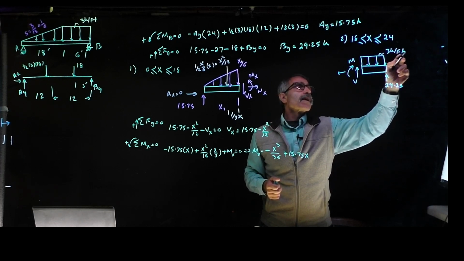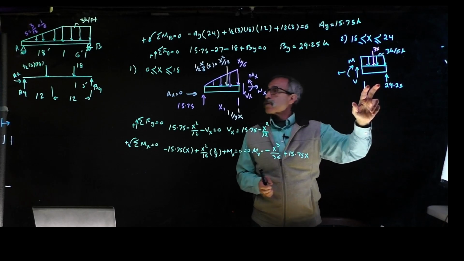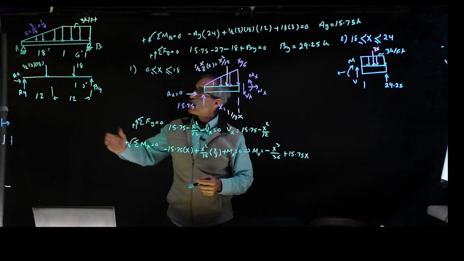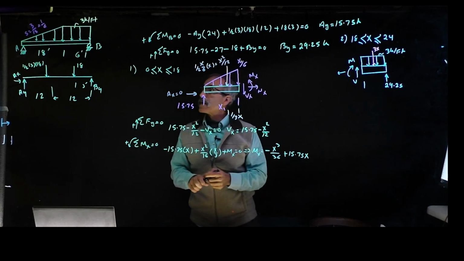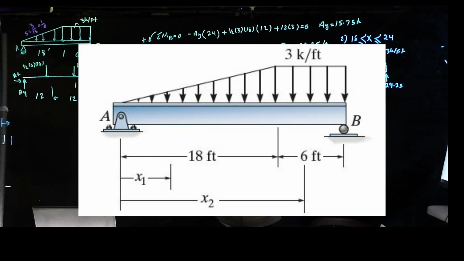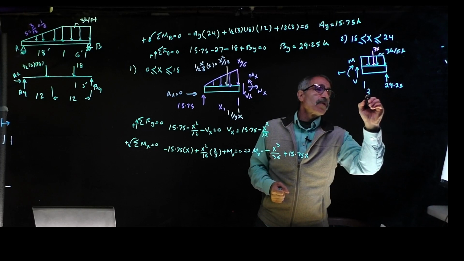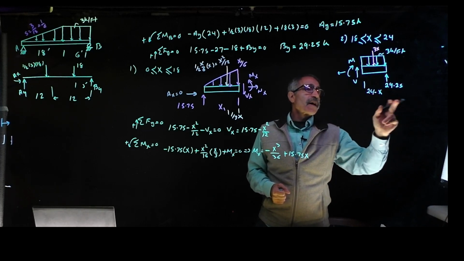Now this is what we have, but you gotta be careful. This is the x2, but when you look at the x2, the problem starts from this end. So you can't say this is the x. You're starting from here. From here to here is 24, so x2 is gonna be somewhere around here. So this distance is 24 minus x, and that's the 3x, and then that's halfway between.